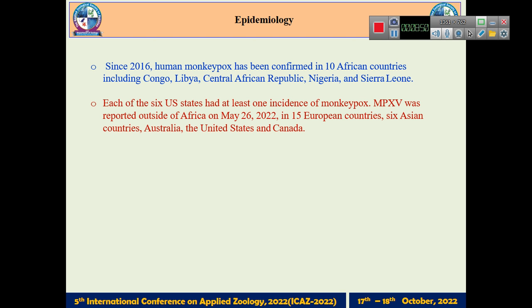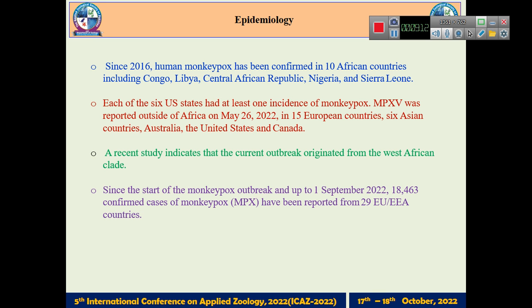Monkeypox virus was reported outside of Africa on May 26, 2022, in 15 European countries, 6 Asian countries, Australia, the United States, and Canada. A recent study indicates that the current outbreak originated from the West African clade.